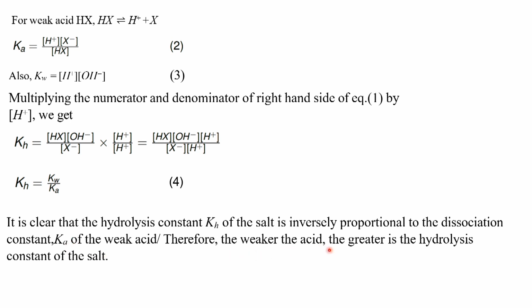Since Ka is in the denominator, and at 25 degrees Celsius or 298 K the value of Kw is constant, Kh is inversely proportional to Ka. So the lower the value of Ka, the higher will be the value of Kh. Lower Ka means weaker acid. That is why, for a weak acid, the hydrolysis constant of the salt will be high.